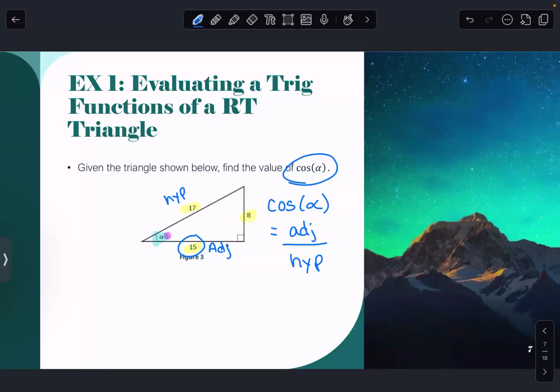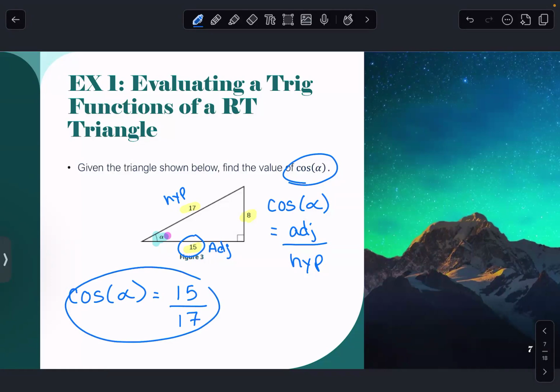Now, all I do is use that information for my ratio. The adjacent side, 15, divided by the hypotenuse, 17. So cosine of alpha is equal to 15 over 17. That's my answer.